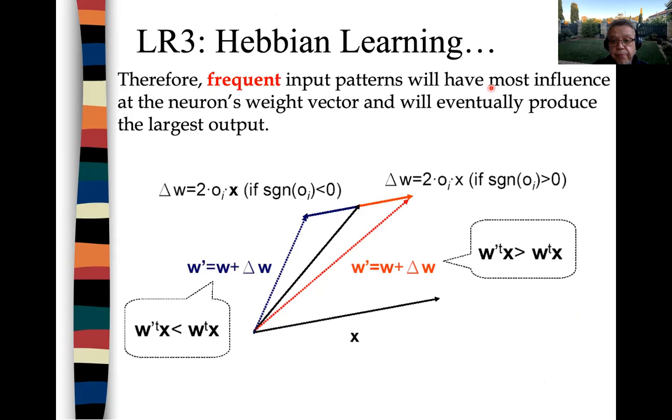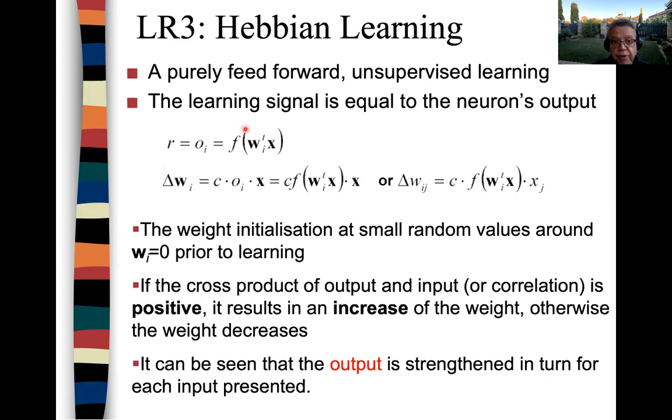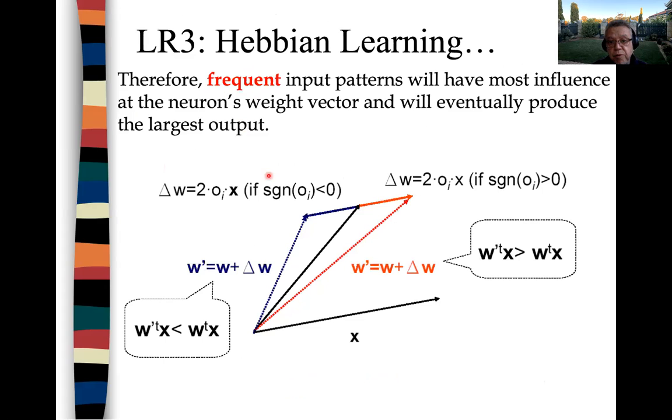So on that basis, the frequent input patterns will have more influence on the neuron's weight vector and will eventually produce the largest output. That's why Hebb mentioned that repeatedly. So there is a frequency here. So the most frequent ones.